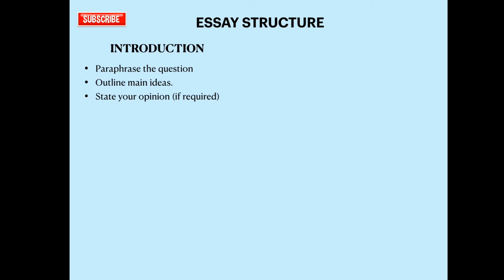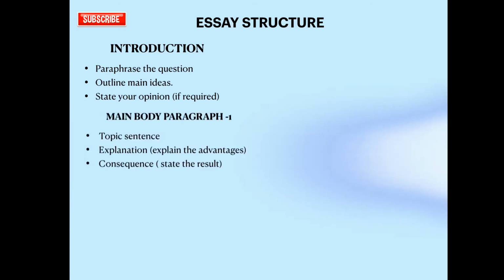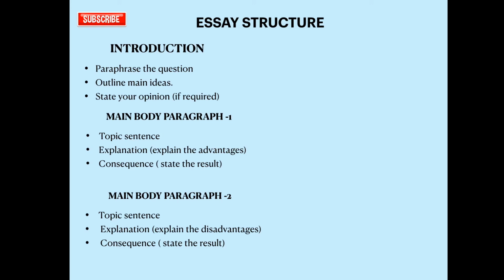The main body paragraph has a topic sentence, that is a general statement. The second point is explanation. We have to explain the advantages in the first body paragraph. And then the consequence. Consequence means we have to state the result with examples.